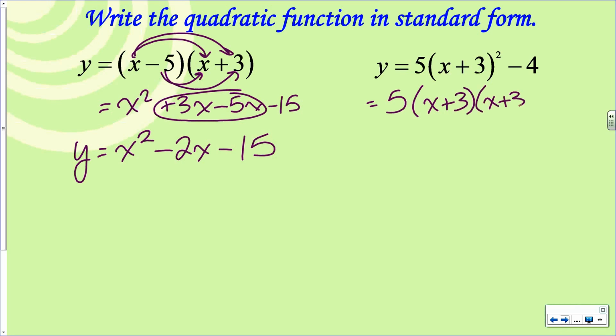I'm not going to do the whole thing. I'm just going to write this out. Everyone at least get that part right?